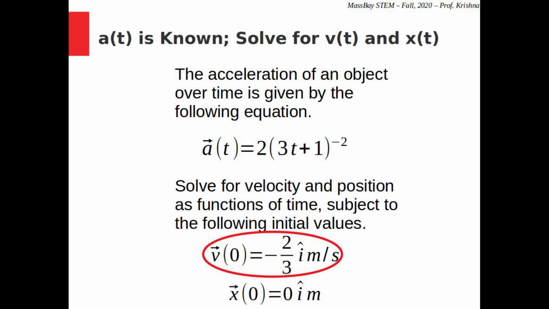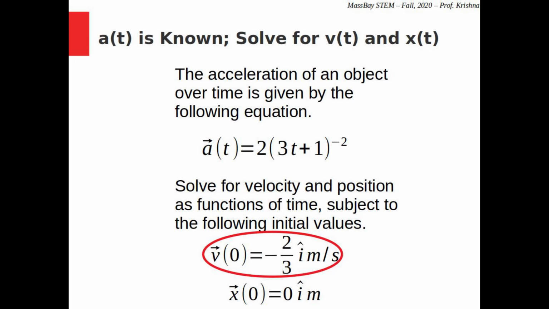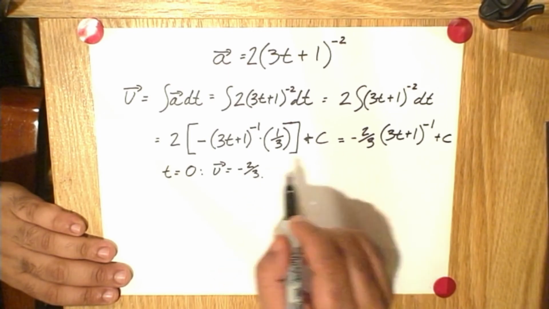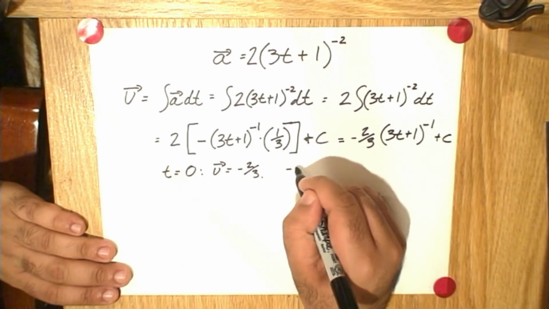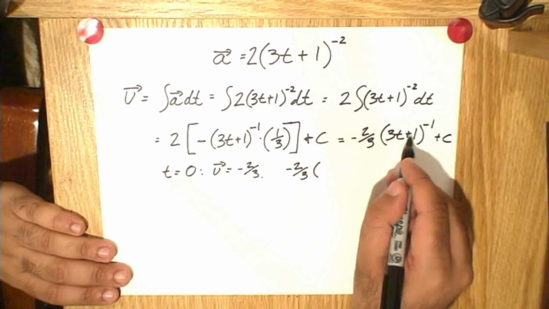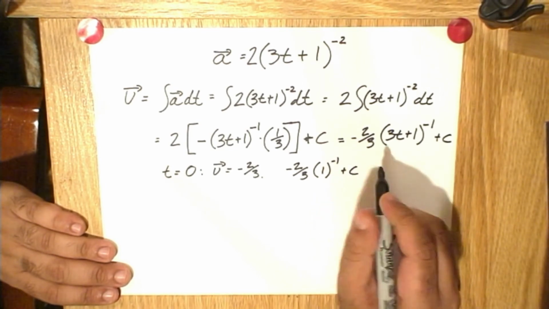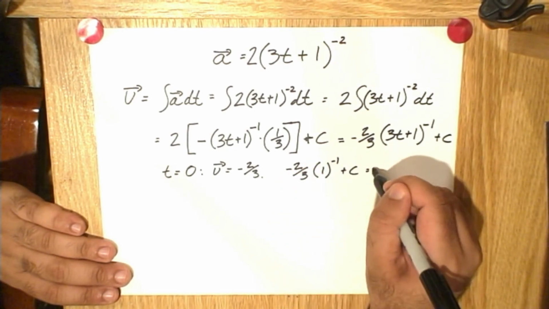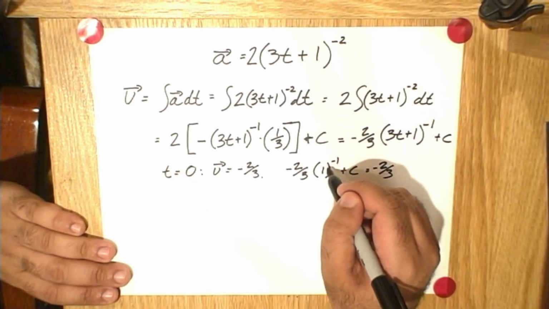We were told that when t is equal to 0, the velocity is equal to negative 2/3. If that's the case, and we plug in 0 over here, then negative 2/3 multiplied by (3 times 0 is 0, plus 1 is 1) raised to the negative 1 power, plus c, would all be equal to negative 2/3. 1 raised to the negative 1 power is just 1.